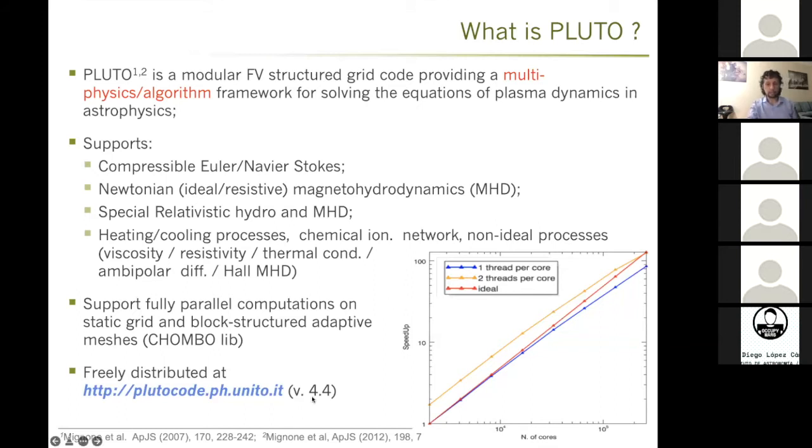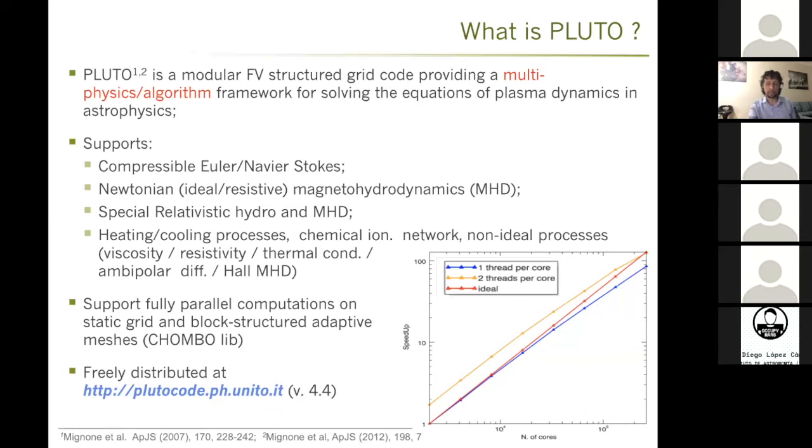Now the current version is 4.4, patch 2, I guess. This is probably the last version of the code that will be using CPU, because we are now spending time rewriting the code for GPUs, and that's going to take a lot of time. But we already have something nice and with very nice speed up, a factor of 30-40 in some situations.